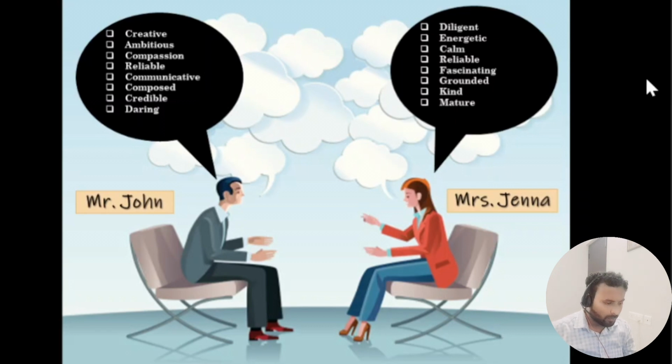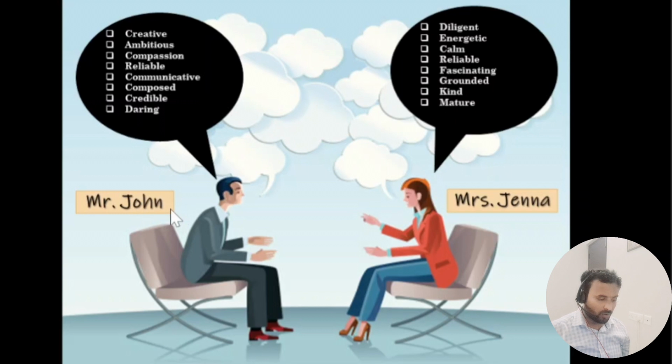Right in front of my screen, you will see Mr. John and Mrs. Jenna, they are two different persons. Now consider Mr. John and Mrs. Jenna as two different queries or two different tables. Now they want to make a connection with each other. Mr. John has his own attributes and Mrs. Jenna has her own attributes.